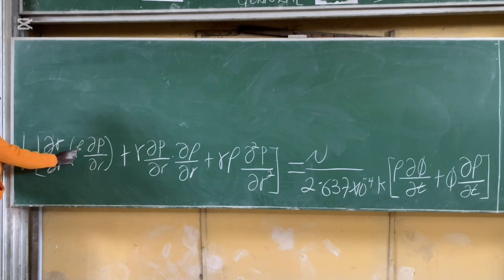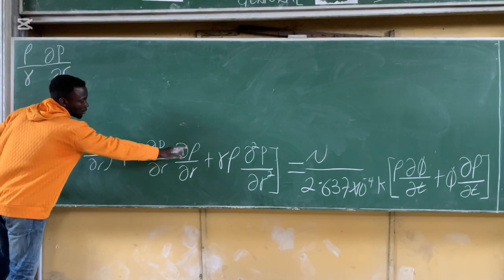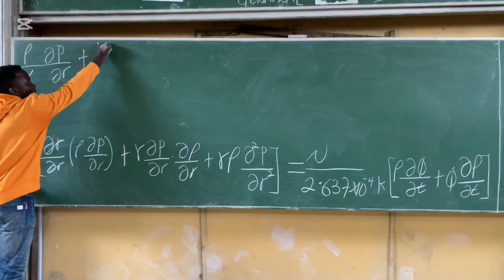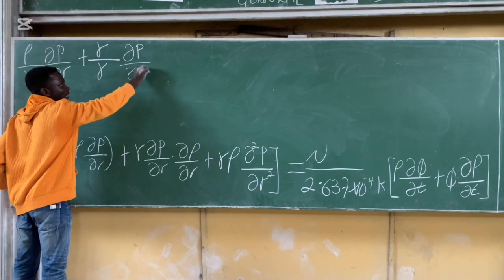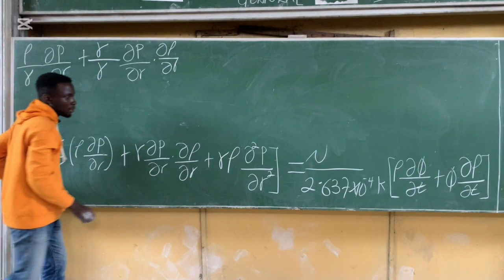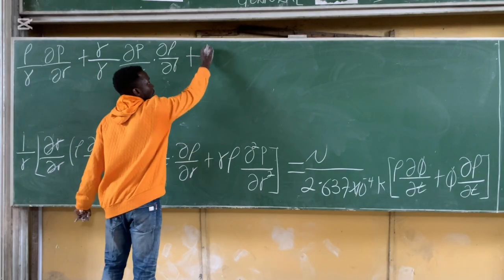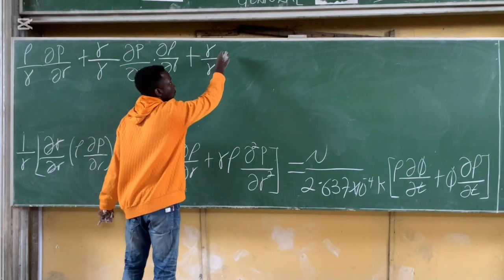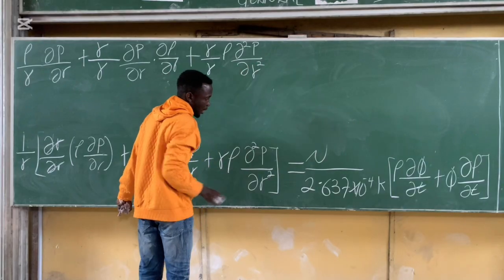Then 1 all over r times rho dp dr, we are going to have rho all over r dp all over dr. Then 1 all over r times r dp dr d rho dr, we are going to have plus r divided by r dp all over dr d rho divided by dr. 1 all over r times r rho d squared p over dr squared, we are going to have plus r all over r rho d squared p divided by dr squared.